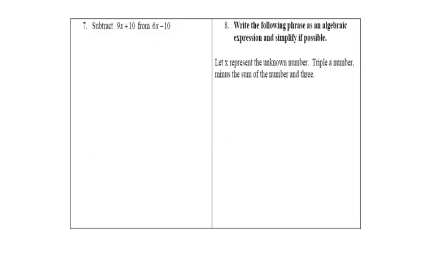All right, in question 7, they'd like us to subtract 9x plus 10 from 6x minus 10. First of all, very important. When you see subtract from, this means reverse the order. Specifically, what this means is it'll go 6x minus 10 minus parentheses 9x plus 10.